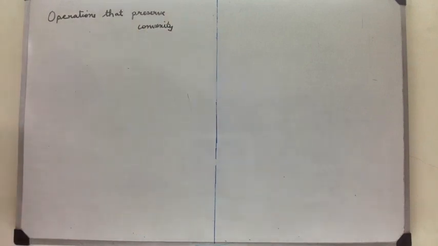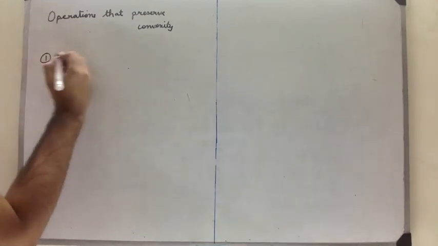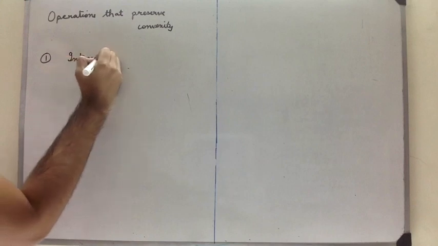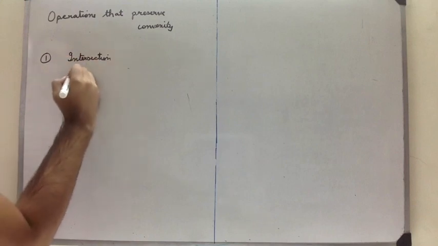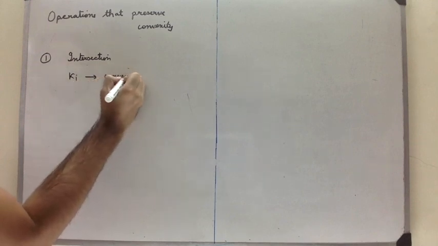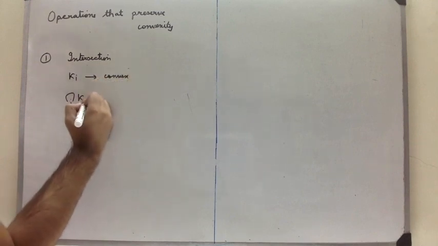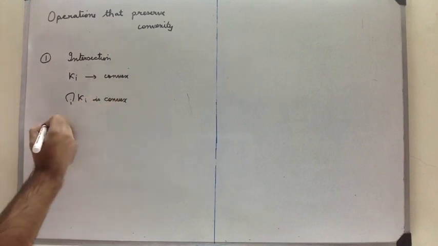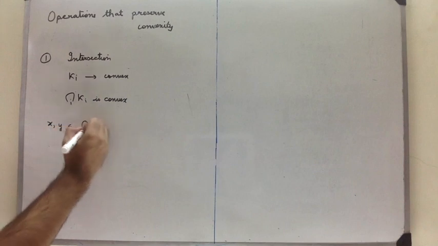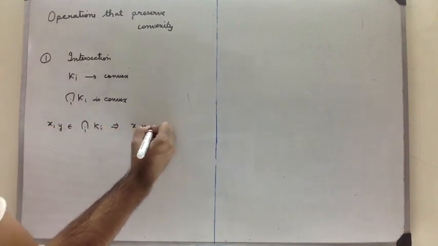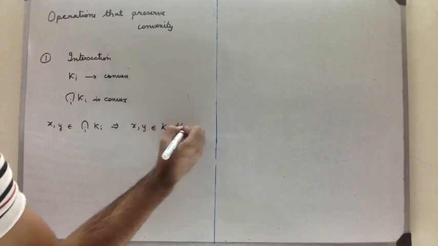The first one is intersection. Suppose you have all the Ki that are convex, then the intersection over i of Ki is convex. This is because if x, y are elements of the intersection of Ki, then x, y are elements of Ki for all i.